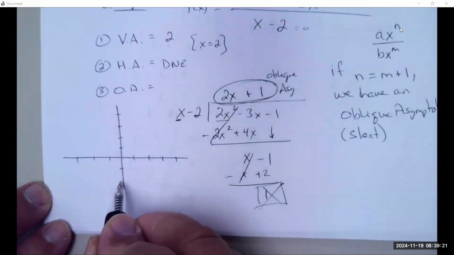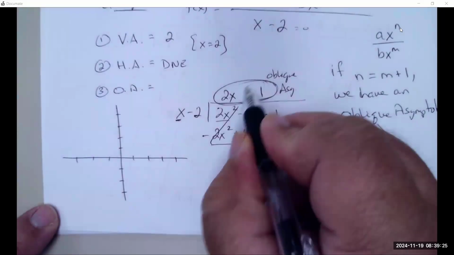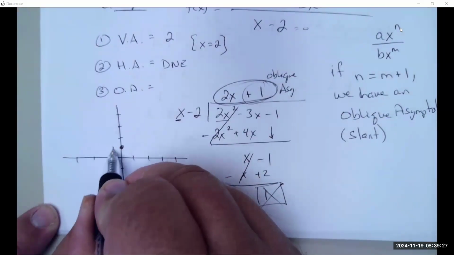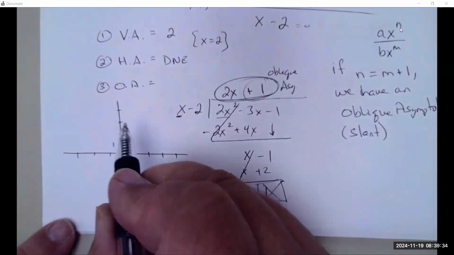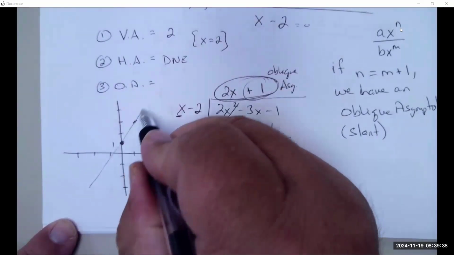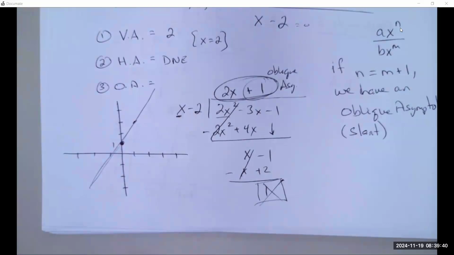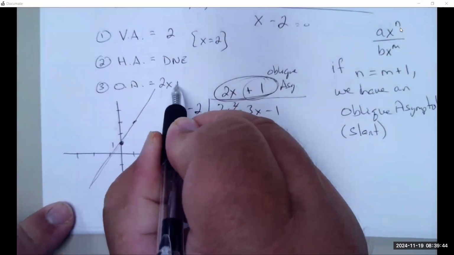How do we graph linear equations? The y-intercept is 1, so put a dot on 1. What's the slope? 2 over 1, so up 2 over 1. So there is the oblique asymptote. The oblique asymptote is 2x plus 1.